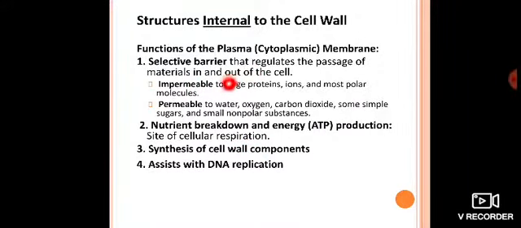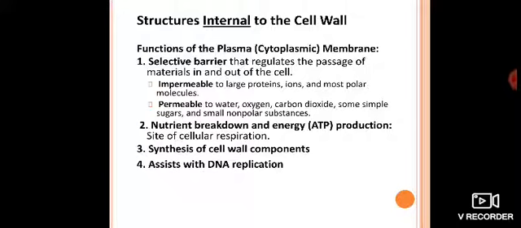Selective barrier means only a few contents that are essential penetrate, and contents that are not essential are inhibited by the barrier. Okay, so which are permeable and which are impermeable, here we have listed. It is impermeable to large proteins, ions, and most polar molecules.